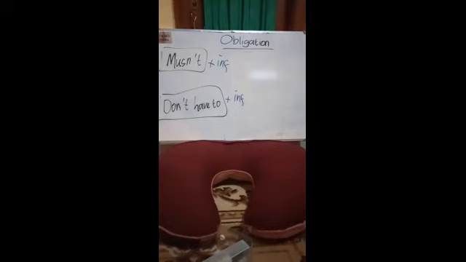And what is the use of mustn't and don't have to in obligation? Mustn't is used to express prohibition and a negative obligation.